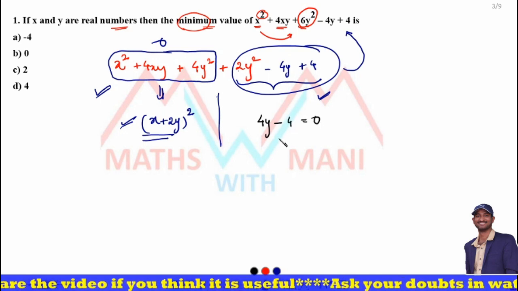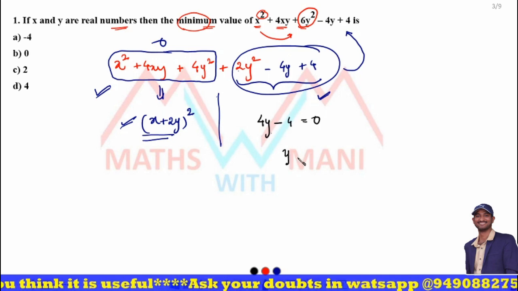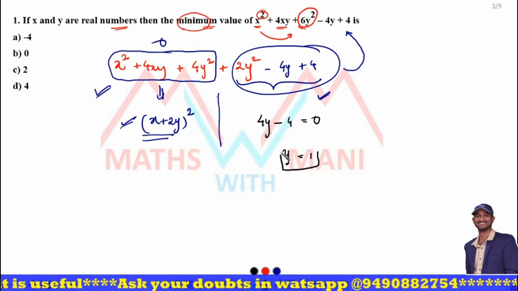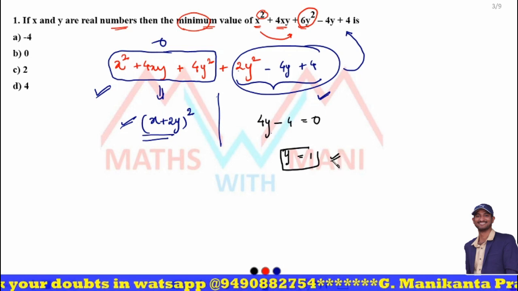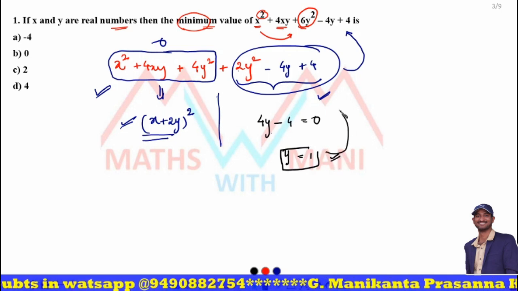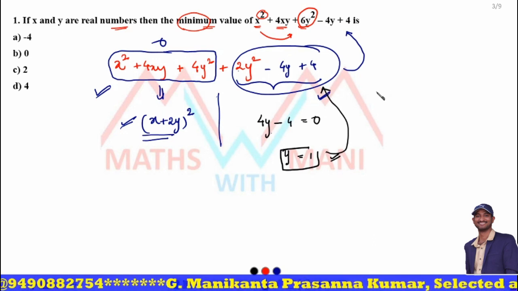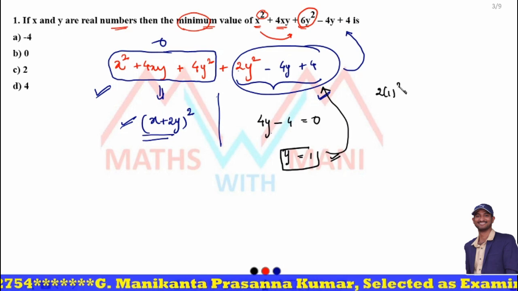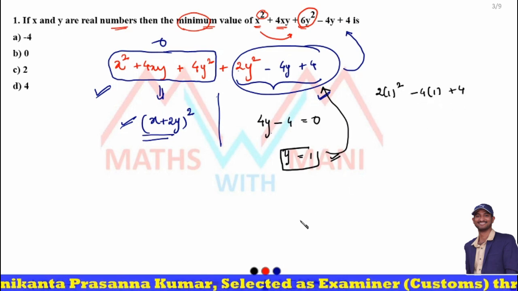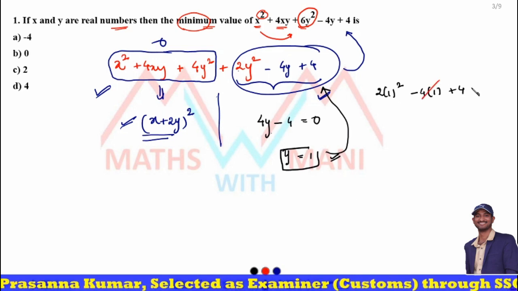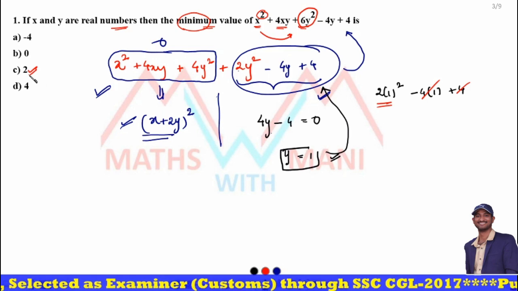Equate the derivative to 0: 4y minus 4 equals 0, which means y is equal to 1. At y equal to 1, I get the minimum value. Substitute y equal to 1 in the expression: 2 into 1 square minus 4 into 1 plus 4. The minus 4 and plus 4 cancel, and 2 into 1 square is 2. So the third option is the correct answer.